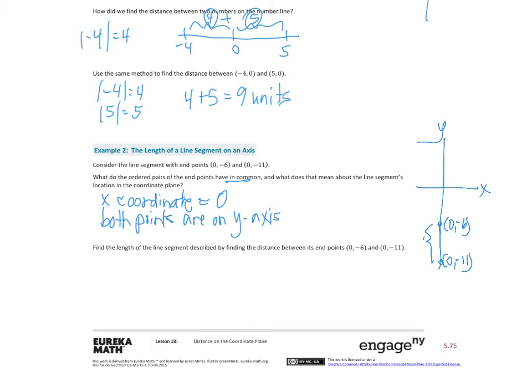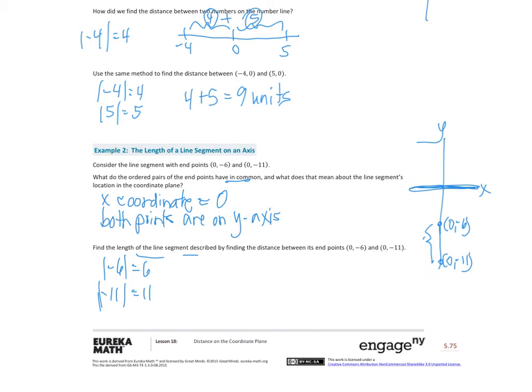Let's see. It says find the length of the line segment by finding the distance between those endpoints. So we're going to go with our -6. Absolute value is 6. And I also have -11. That absolute value is 11 too. Now they're both on one side of the x-axis, right?